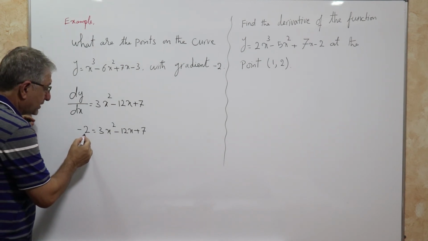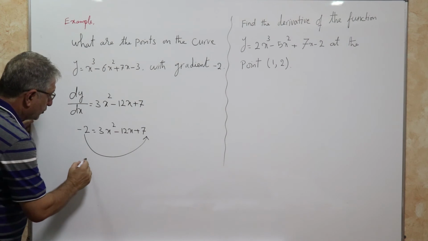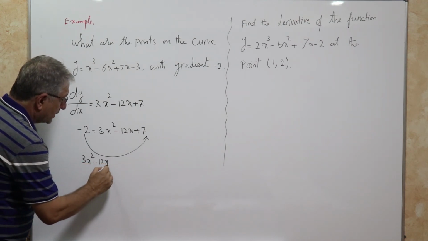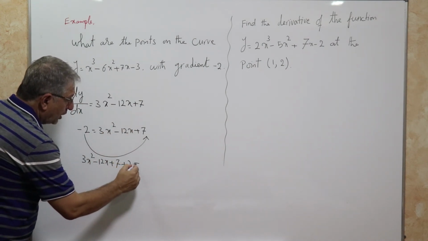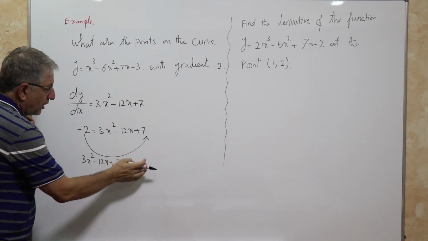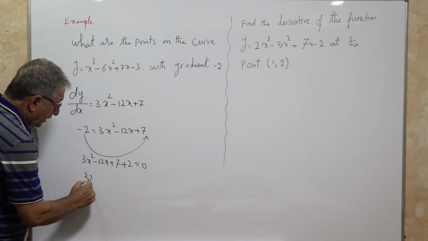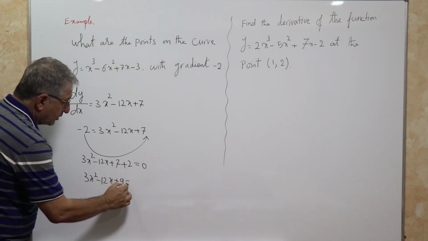Now, you can take this to the other side of the equation. You are going to get 3x squared minus 12x plus 7 plus 2 equal to 0. This side will be 0. This is 7 plus 2, which is 9. Therefore, 3x squared minus 12x plus 9 is equal to 0.